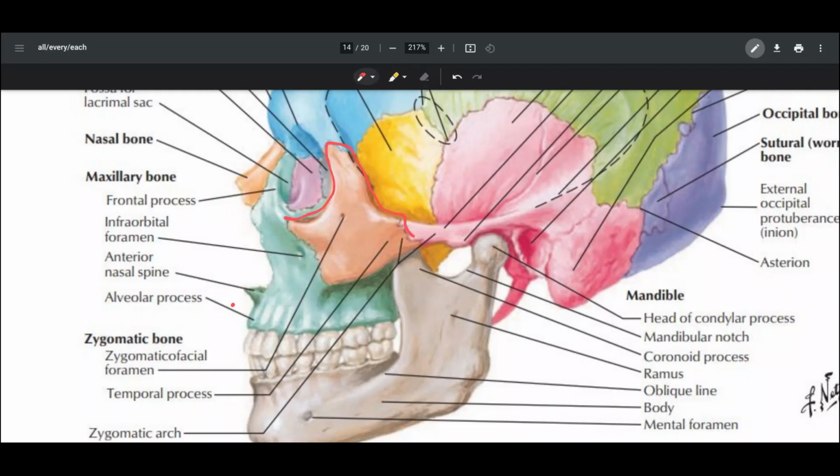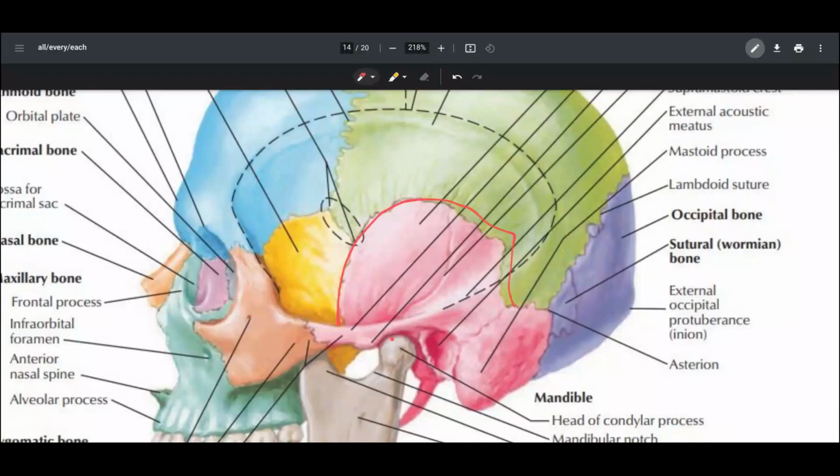So let's come here and see this orange bone, the zygomatic bone. What is seen here is that one part is coming inferiorly, articulating with the maxillary bone. Clear? Another goes superiorly and meets the frontal bone.